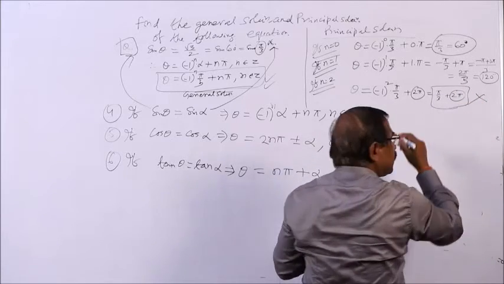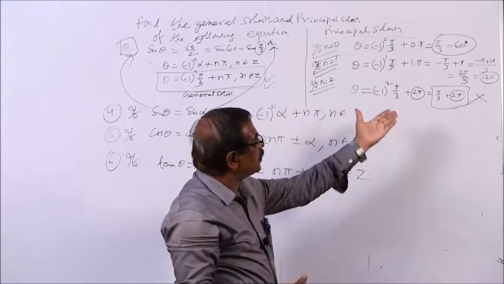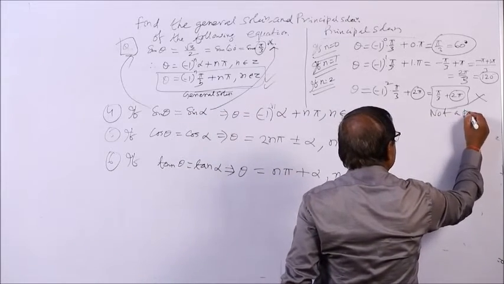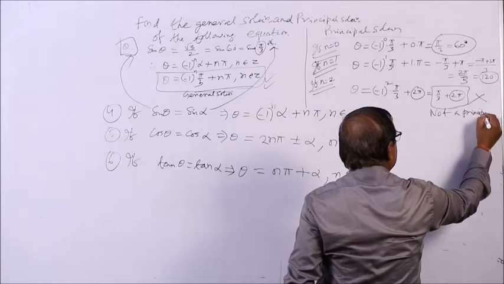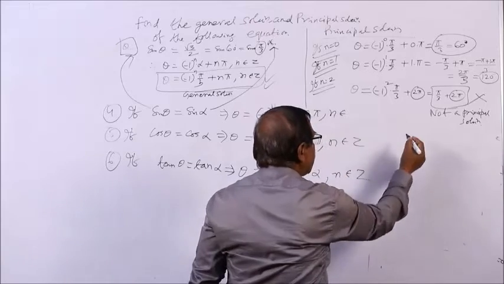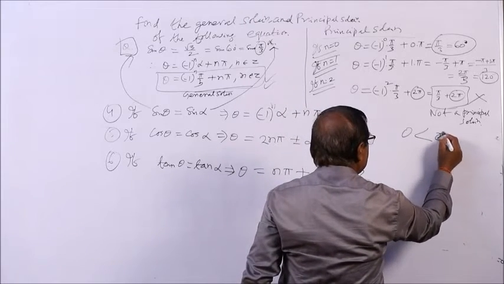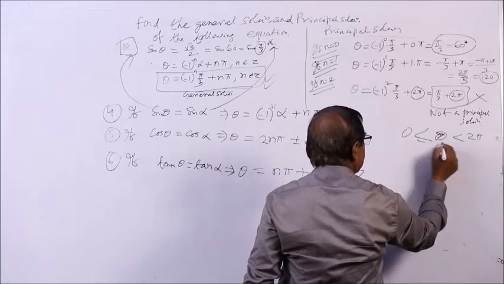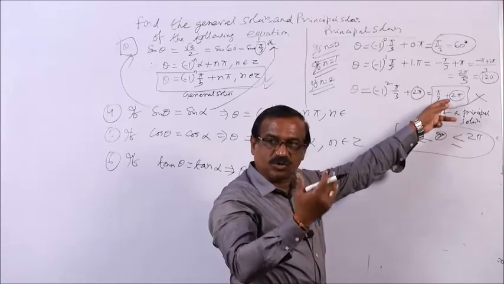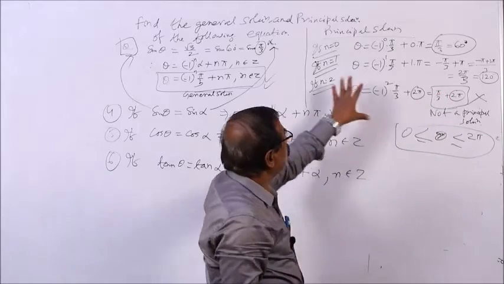Why? This is not a principal solution, because principal solution lies between 0 to 2 pi, and this exceeds 2 pi. It is 2 pi plus pi by 3, so this is not a principal solution.